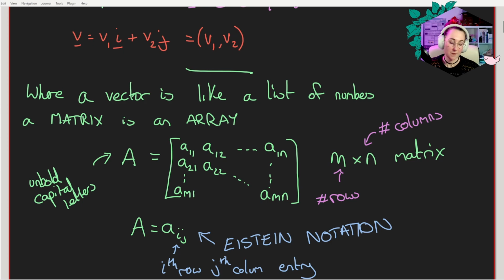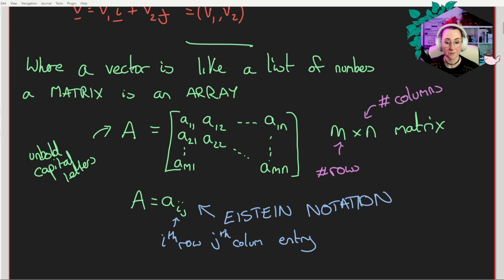We introduce matrices as an array of numbers, and we introduce Einstein notation. We introduce the fact that when we write matrices, we write capital letters, and an m by n matrix is m rows and n columns, and each element is the ijth element, where diagonals are a11, a22, and so on, until amn.